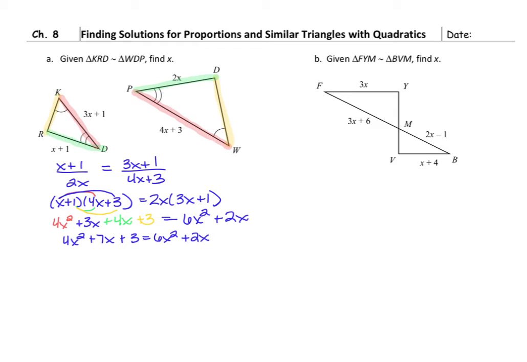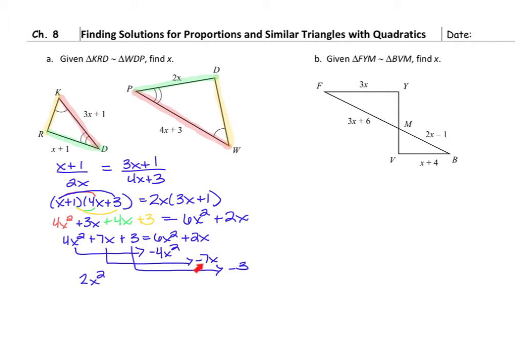So let's move the 4x over by subtracting it, so I can make sure I have a positive variable term. And I'm also going to move over the 7x, and we're also going to move over that 3. So after I move everything over, we're going to have 6x squared minus 4x squared, which is 2x squared.